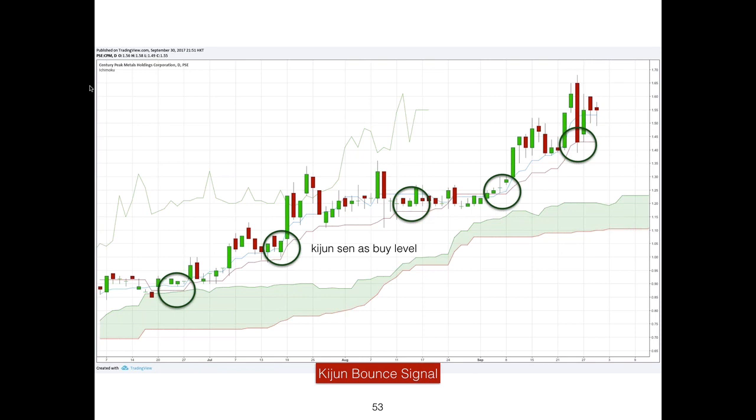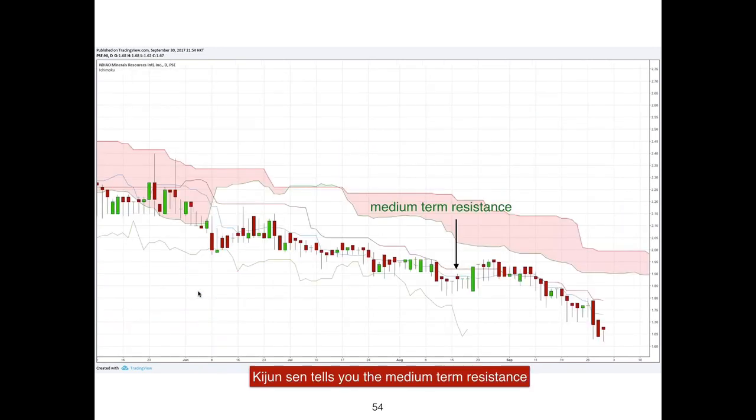When an uptrending stock consolidates and bounces off its Kijun-sen line, this means that the medium-term trend is still bullish. The encircled areas are good areas to buy into an uptrending market. Now, once price falls below the Kijun-sen, it becomes the medium-term resistance.